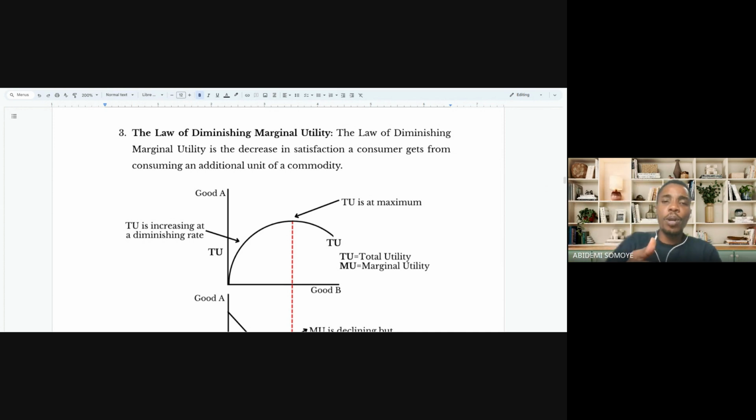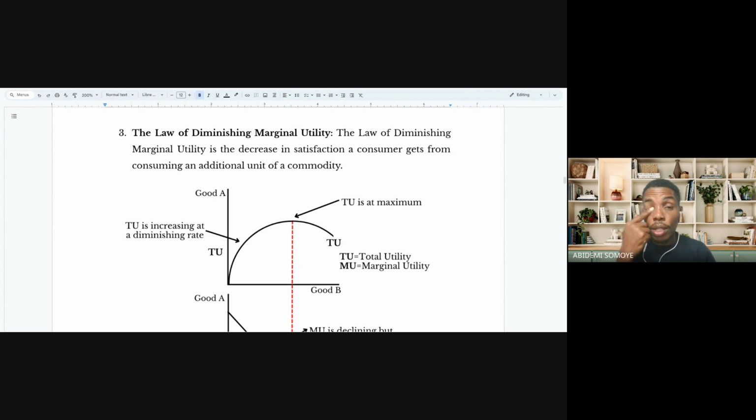If you stop consuming that good and wait maybe 6 months, your curiosity for consuming that good can be refreshed, or you can still get satisfied from consuming it. So this law holds within a given time period.